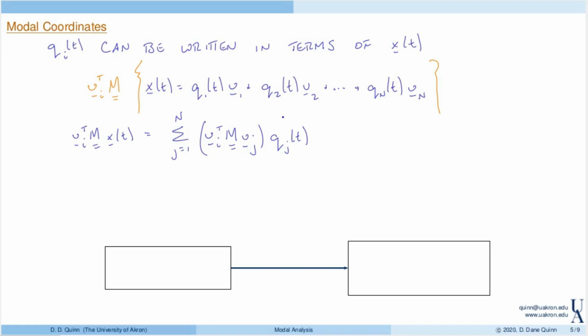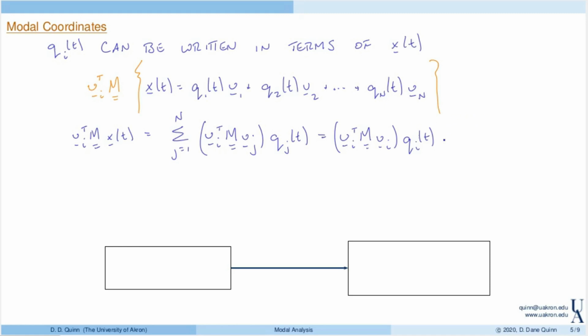And once again, we see that this is 0 unless i is equal to j. So this reduces to ui transpose times m times ui times qi of t.